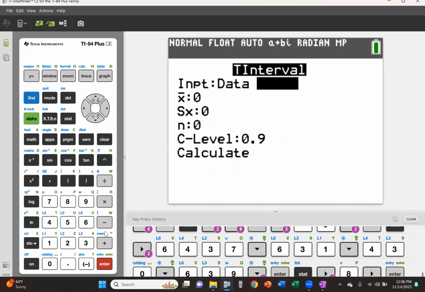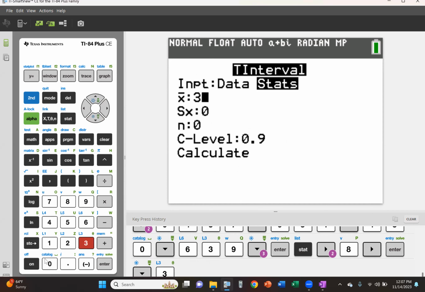Okay, so x bar was 30, and standard deviation was 5, and the sample size was 11. And we're constructing a 90% confidence interval.